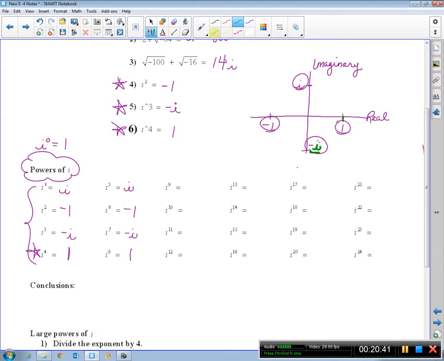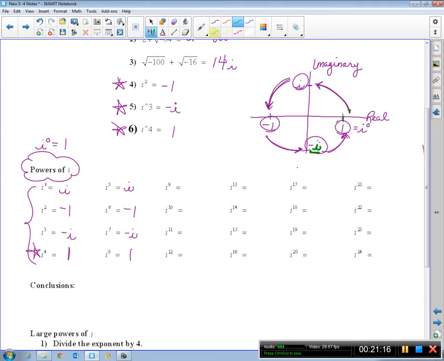So I want you to think about it using this as a cycle of 4. If we start at i to the 0, we get 1. Traveling along, i to the 1st, i squared, i cubed, just keep rotating. i to the 4th is 1. i to the 5th is i.